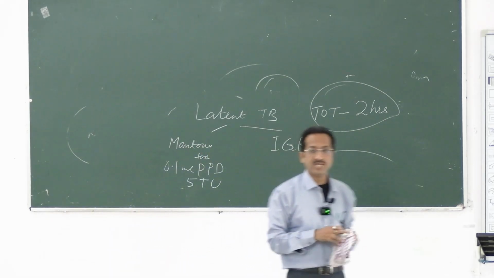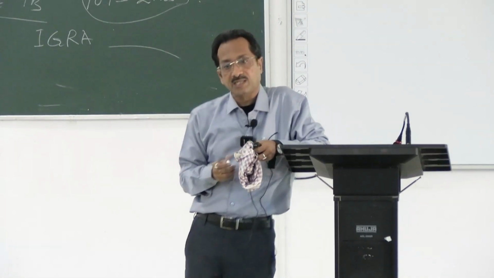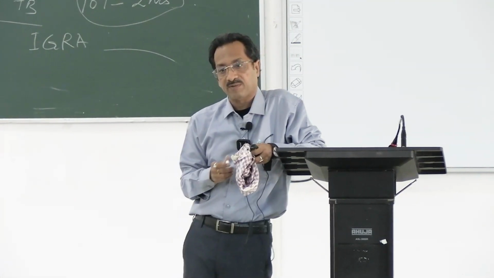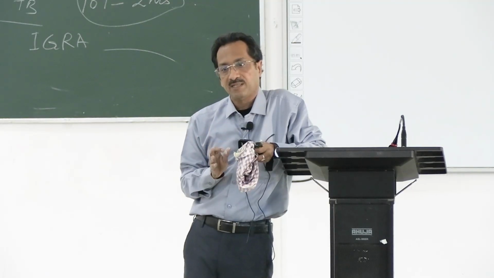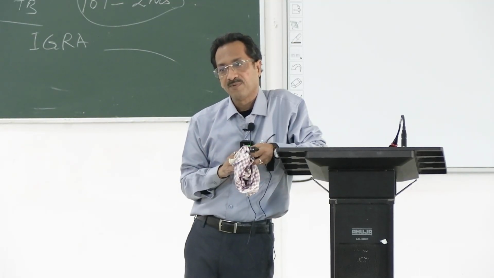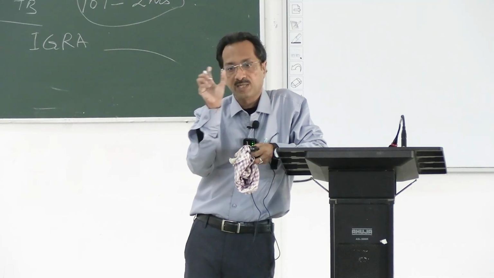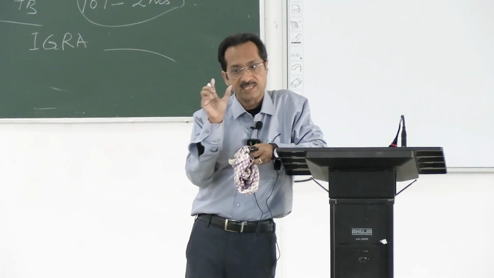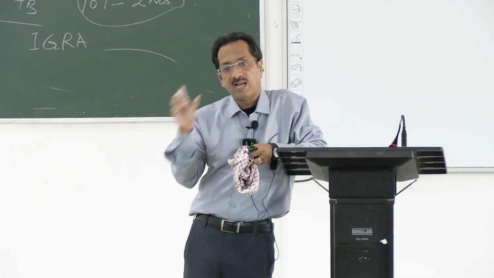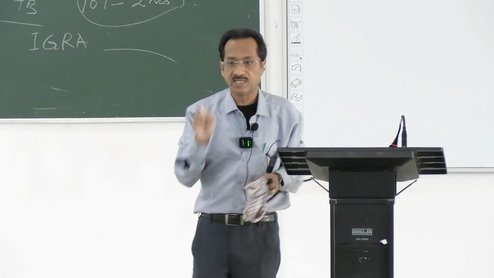Mantoux test, how will you read the Mantoux test? After how many hours you will read the Mantoux test? It is usually between 48 to 72 hours after intradermal injection. What will you see in the Mantoux test reading? You will see the induration, not the erythema. If it is a red erythema, there will be erythema around the induration, but you measure by scale the induration part.